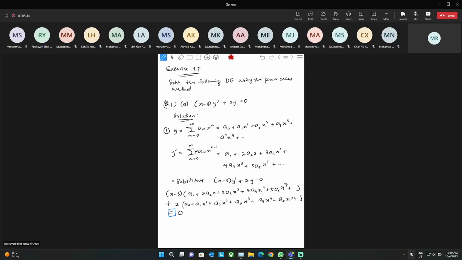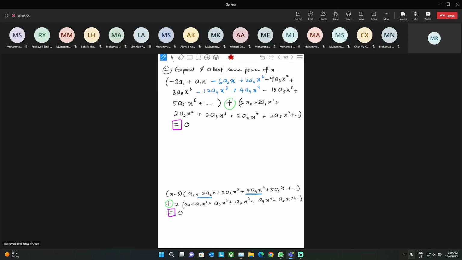Alright. Correct now? So this X to the power of 4. So this become X to the power of 4. This become X to the power of 5. Okay. Thank you. Alright. Okay.